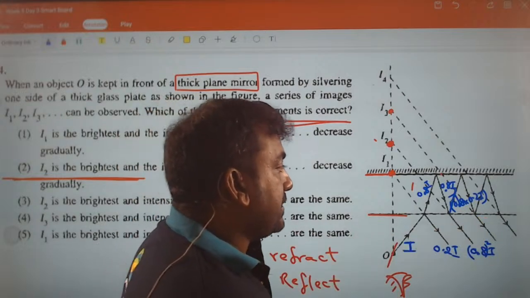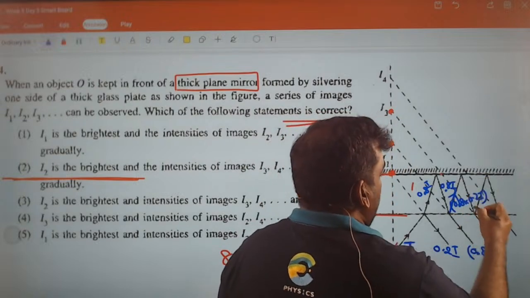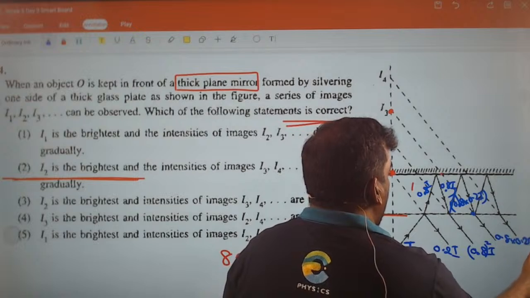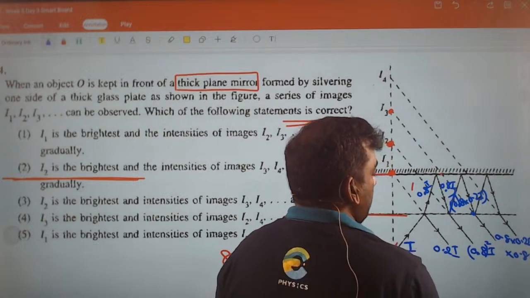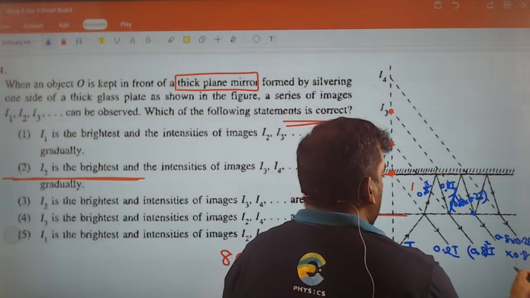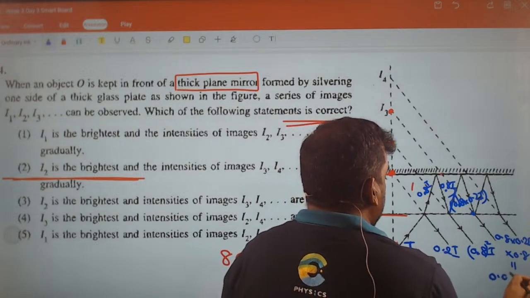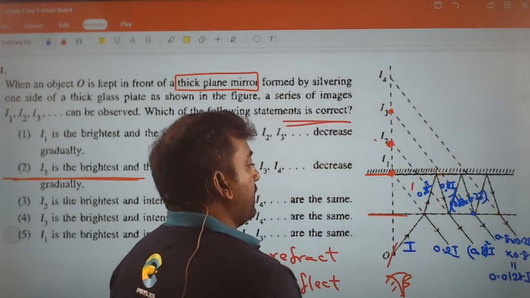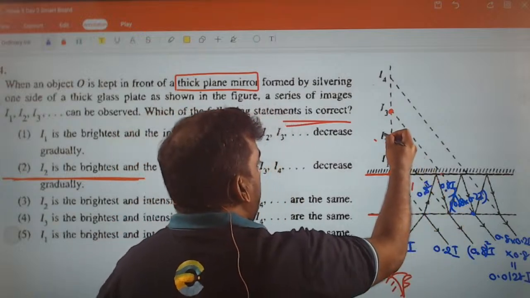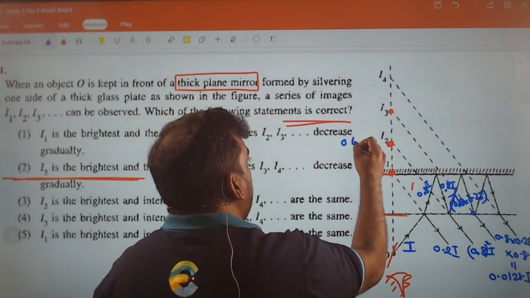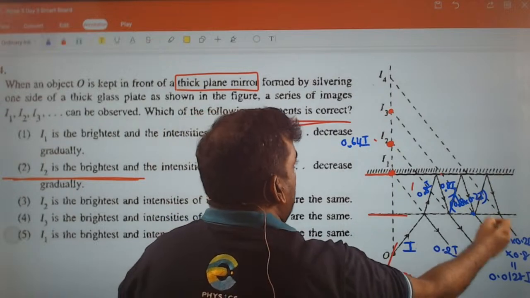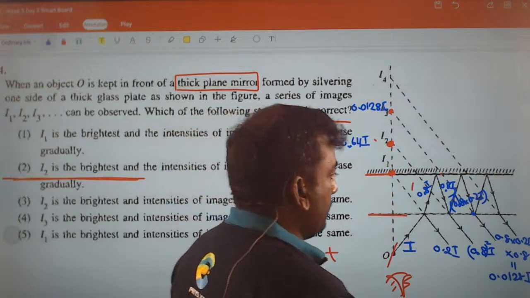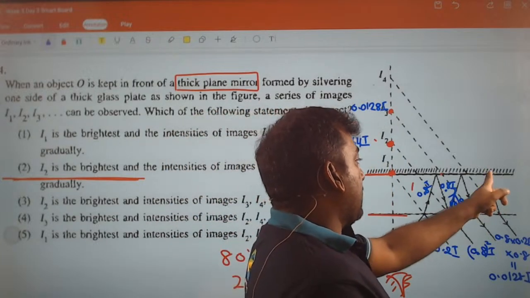So here what happens is it keeps on reducing. If you check, 0.8 times 0.2 I times 0.8 gives you 0.128 I. The intensity of the image you will see here is 0.64 I, and here it's going to be 0.0128 I. Here 20% will reflect.